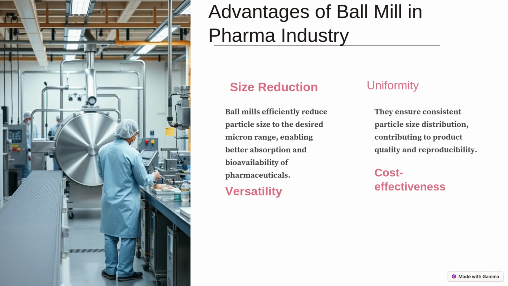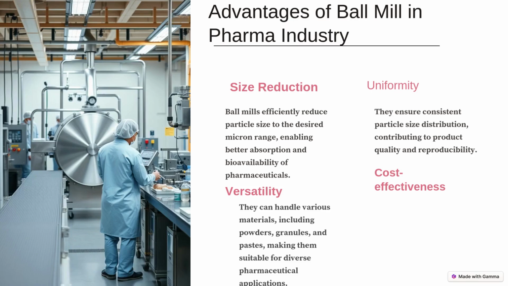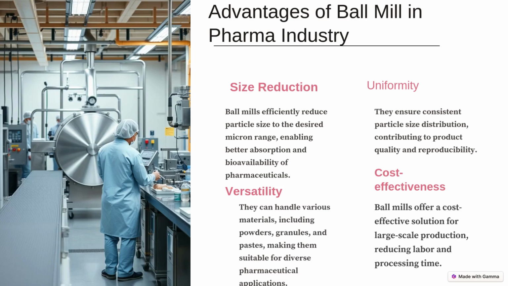The next one is versatility. They can handle various materials including powders, granules and pastes, making them suitable for diverse pharmaceutical applications. The next one is cost effectiveness. Ball mills offer a cost effective solution for large scale production, reducing labor and processing time.